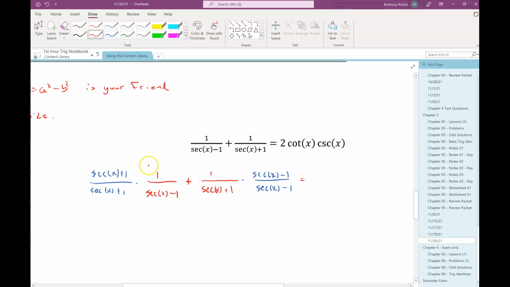So I distribute the 1 through, but that's no big deal. And then my denominator just stays the same.